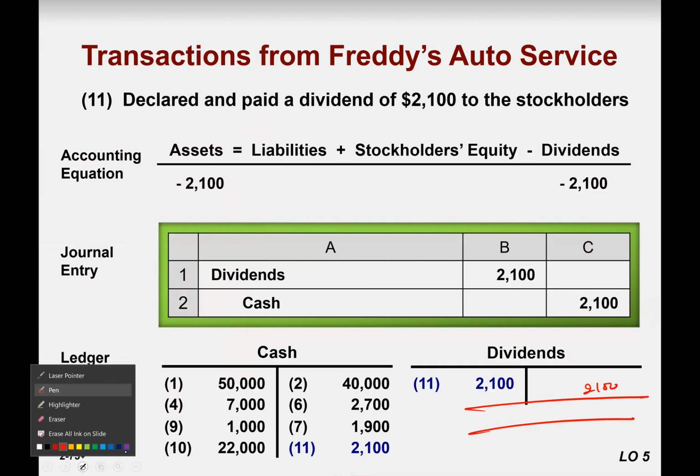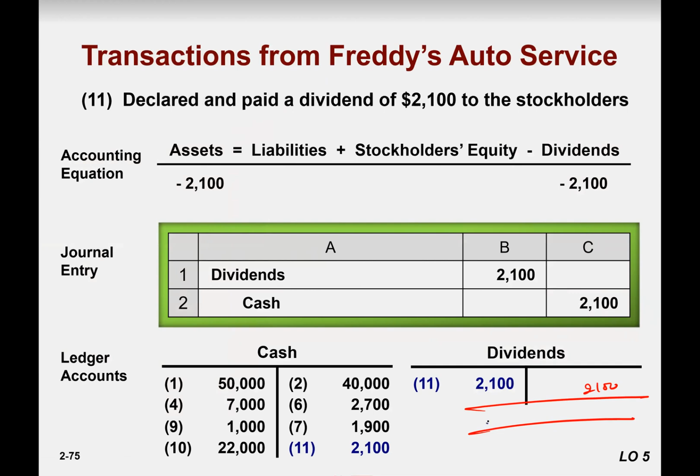So 2100 is balanced. But this 2100, we put it as balance, and we call this balance carry forward. So the dividend balance would be 2100 from the start of the next month.